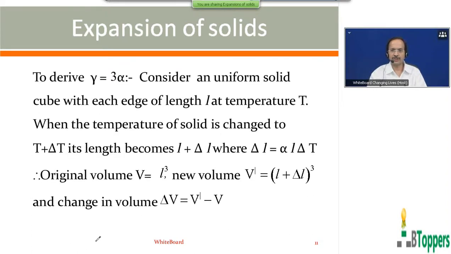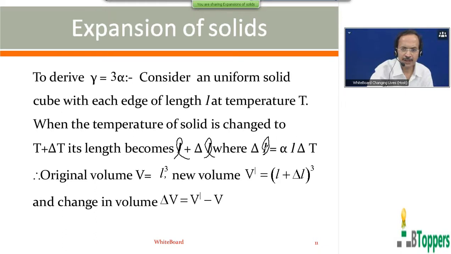Next, I want to show the notes for the derivation gamma equal to 3 alpha. Consider a uniform solid cube with each edge of length small l at temperature capital T. The temperature of the solid is changed to T plus delta T. Length becomes L plus delta L. Here delta L is the increased length and L is the original length.